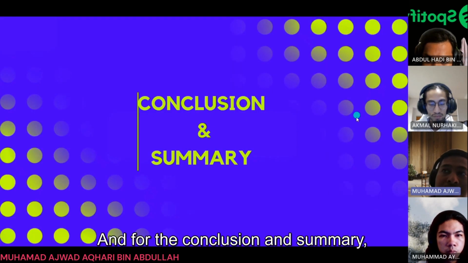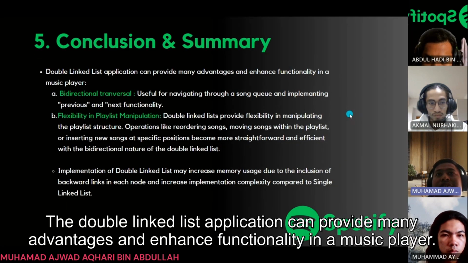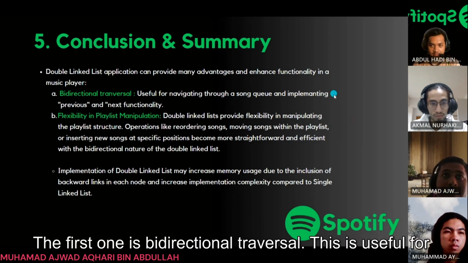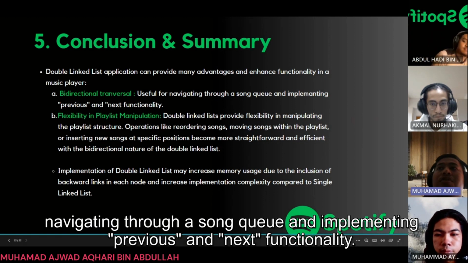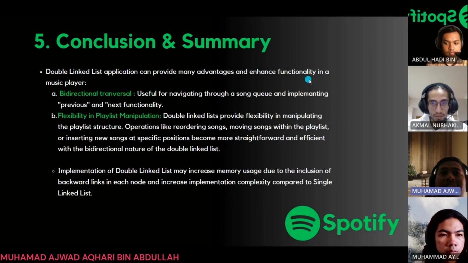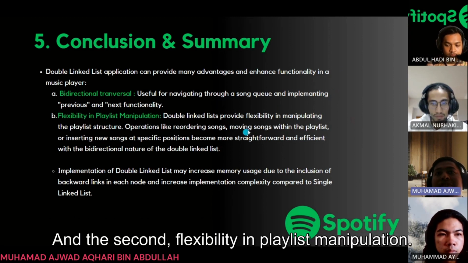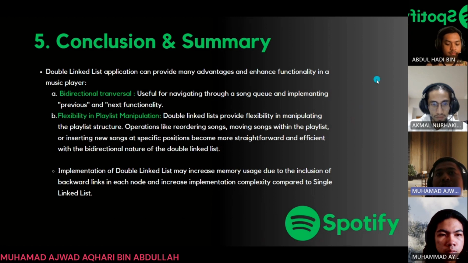And for the conclusion and summary, the double linked list application can provide many advantages and enhance functionality in a music player. The first one is bi-directional traversal. This is useful for navigating through a song queue and implementing previous and next functionality. The second is flexibility in playlist manipulation. Double linked lists provide flexibility in manipulating the playlist structure.